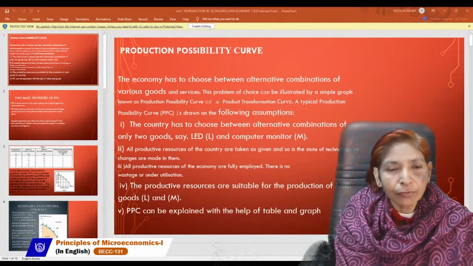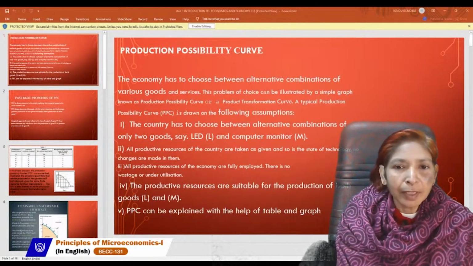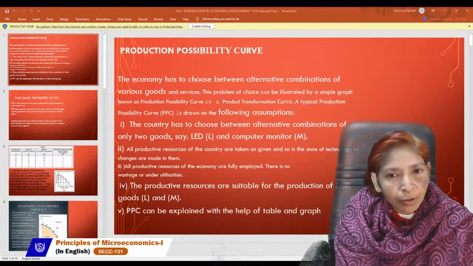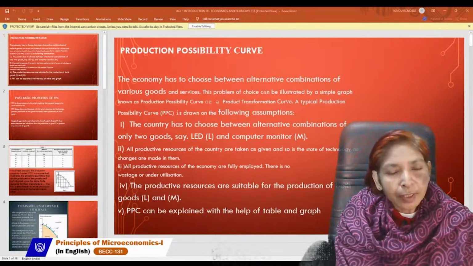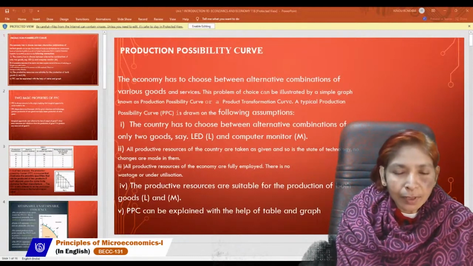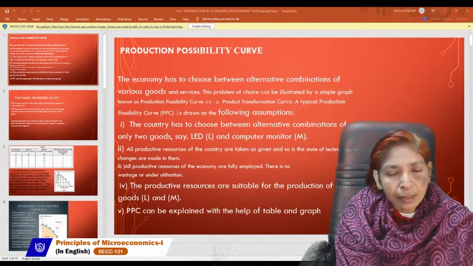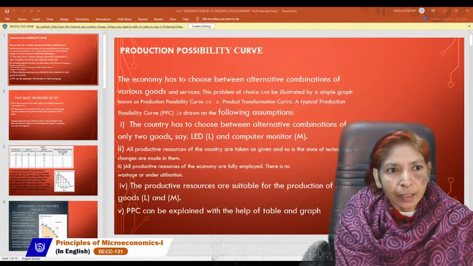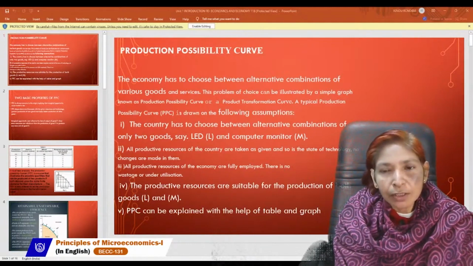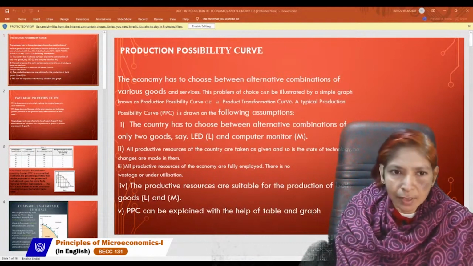We have to fulfill our unlimited wants with the help of limited resources. The production possibility curve is very useful to solve these central problems, like what to produce, how to produce, and for whom to produce. The economy has to choose between alternative combinations of various goods and services.